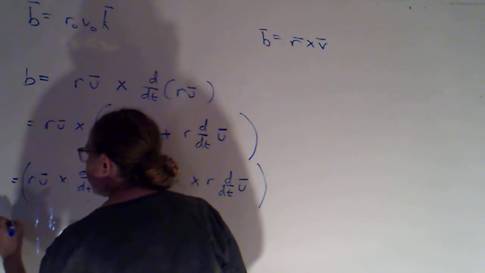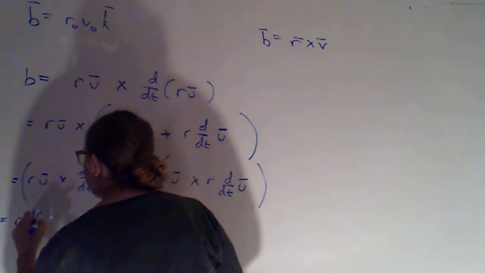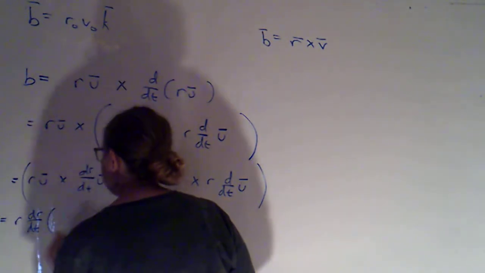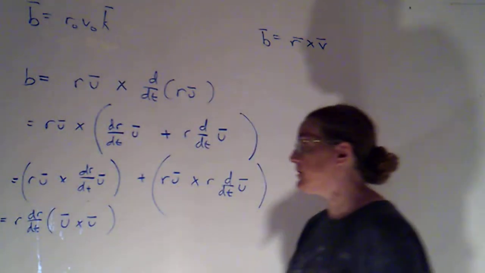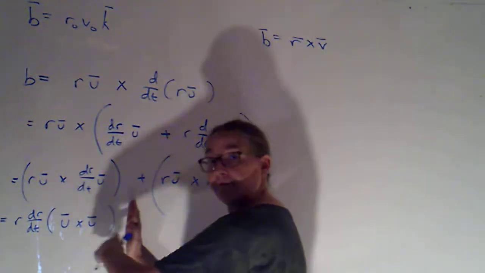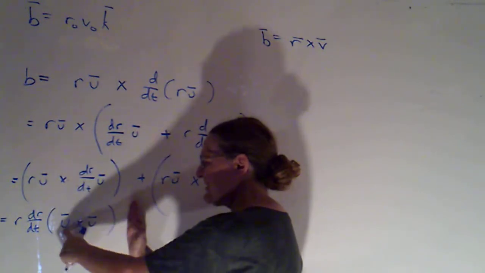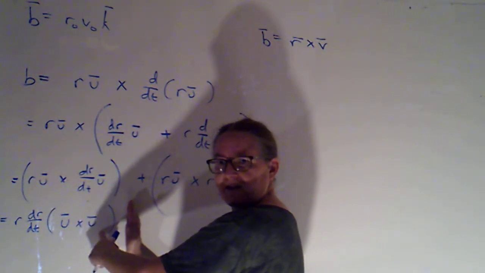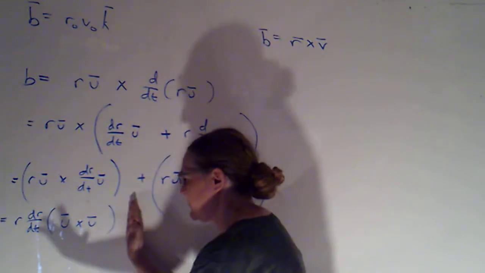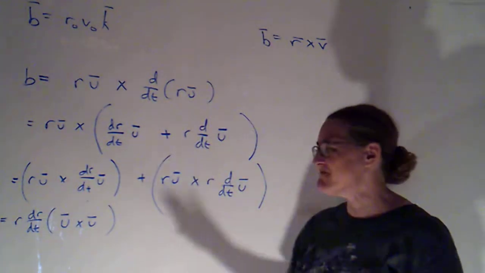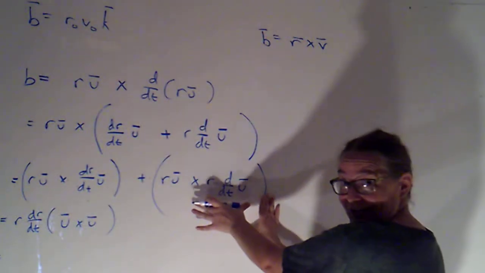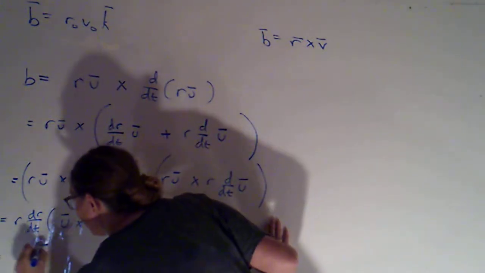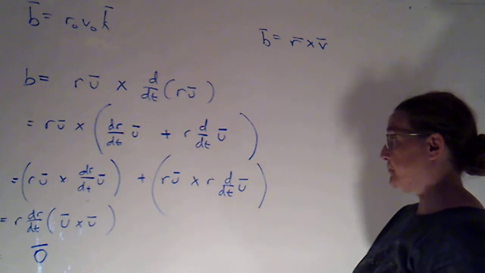So here I can say this is just the product of R and dr by dt being multiplied by the cross product U crossed with U. That's just that first term, but this is 0. If I cross a vector with itself, or with anything parallel to it, I'm always going to get 0. Now, I'm not done. I haven't done the second term yet, but that first term is going to be 0.